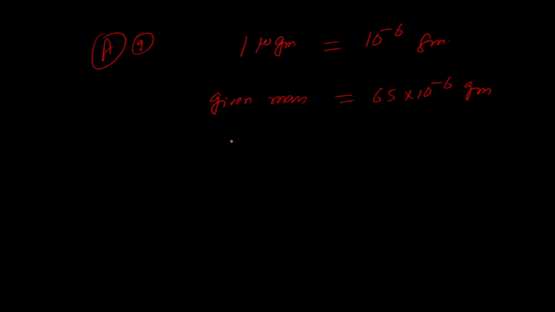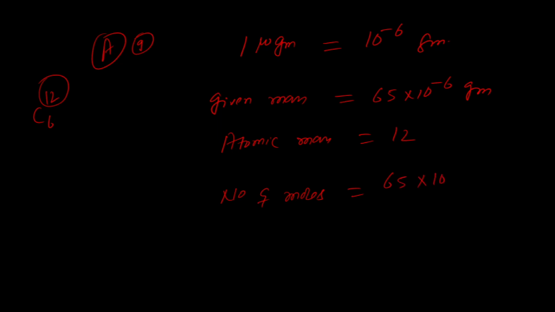And it is carbon. Carbon is 6, 12, so atomic mass is 12. So again we will use atomic mass equal to 12. The number of moles you have to find out is given mass, 65 into 10 power minus 6, divided by atomic mass 12.